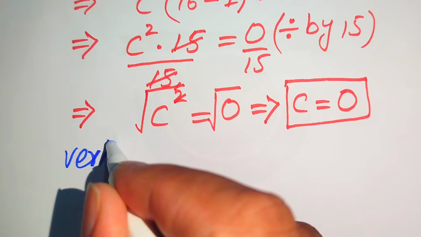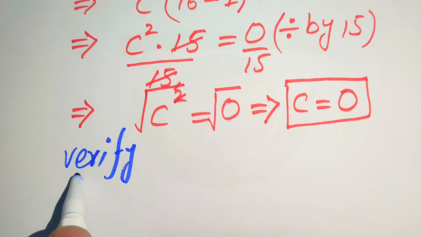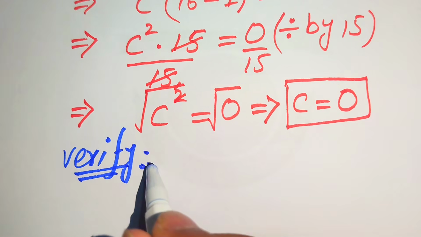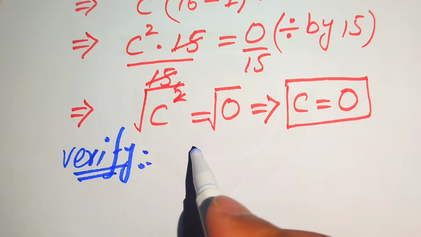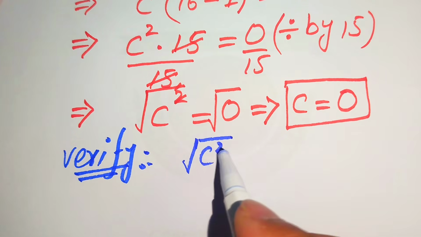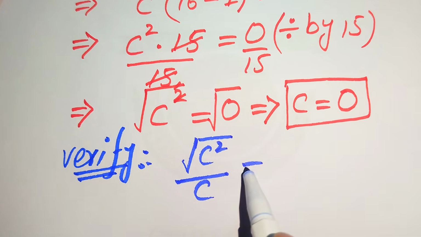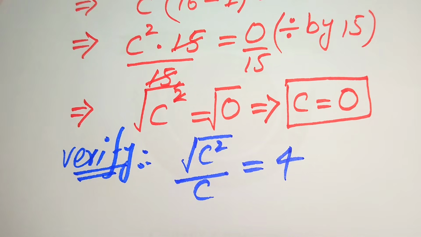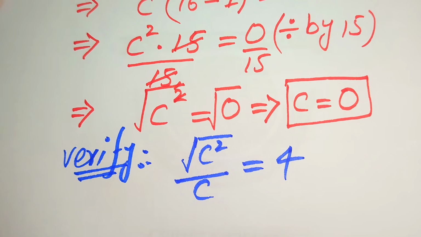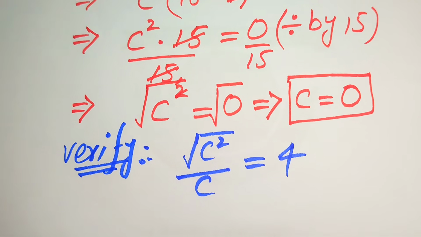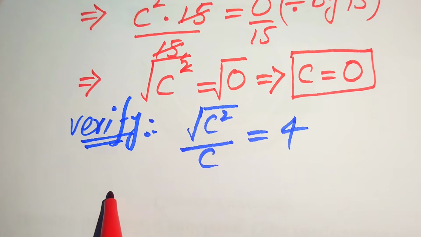For verification of this value, we need to copy down the given question statement. Here it is: the square root of c square divided by c is equal to 4. This is the given question statement, and here we need to verify c is equal to 0. So we substitute c equal to 0 into the left hand side and check its behavior.